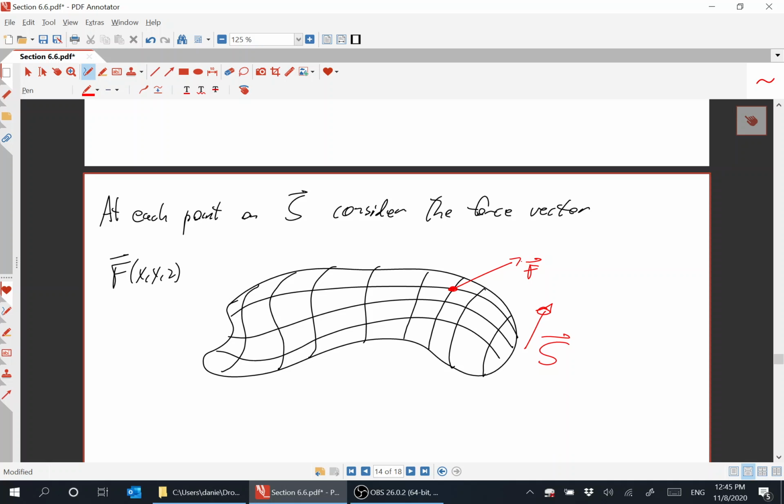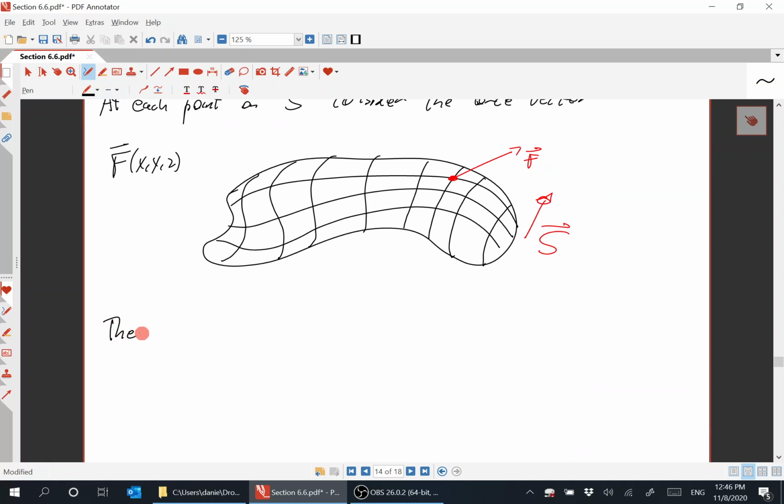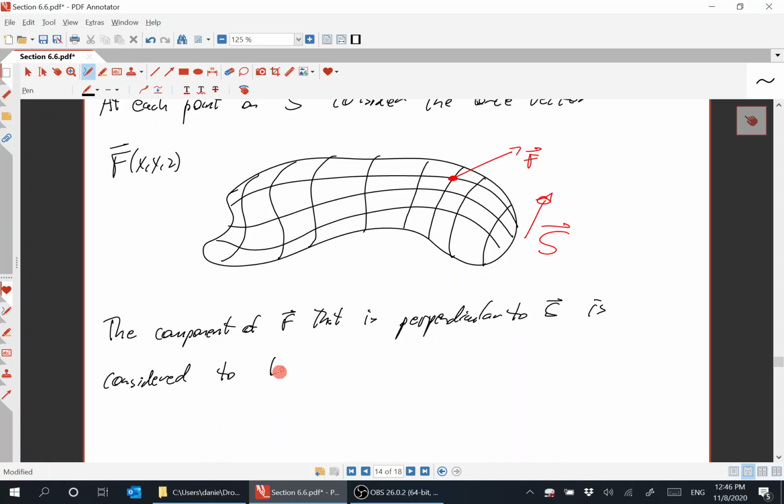Okay, so you consider this vector. The component of F that is perpendicular to S is considered to be flowing across S. The component of F that's tangent is not, of course.